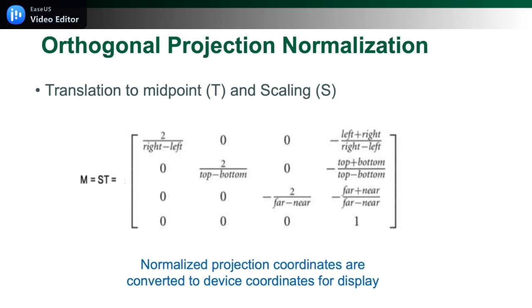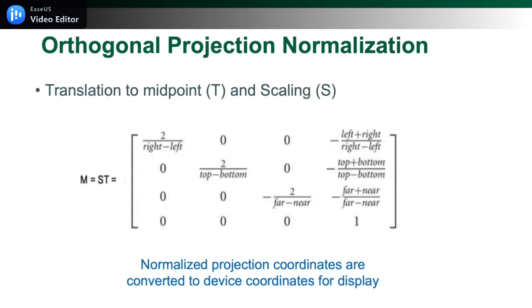Projection normalization ensures that all projections are converted to orthogonal projections by first distorting the objects such that the orthogonal projection of the distorted object is the same as the desired projection of the original objects. The normalization process allows us to carry out parallel and perspective projections with the same pipeline.